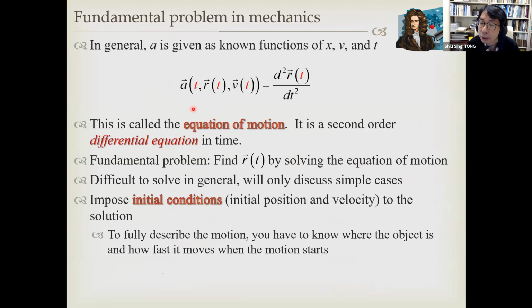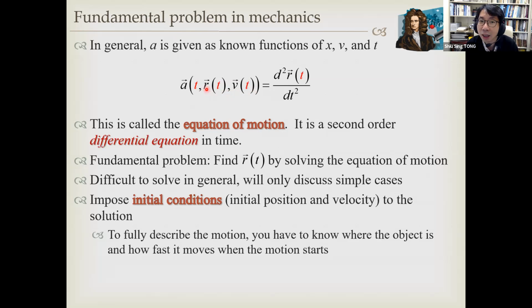So that results in a very complicated situation. You are given the acceleration because you are given the force. But the force is not simply given as a function of time. There may be a time-dependent component, but the force will also be given in terms of the displacement and the velocity, which themselves are functions of time.